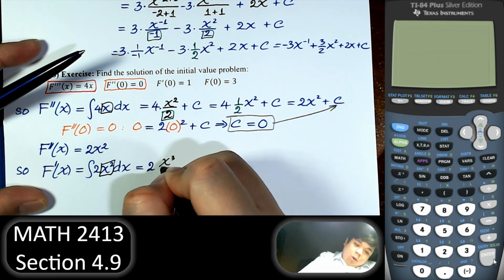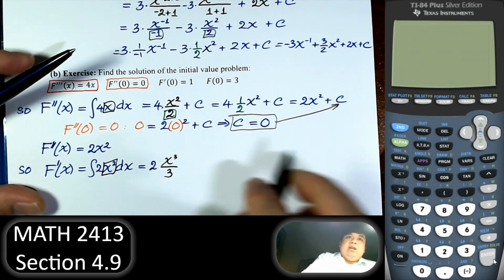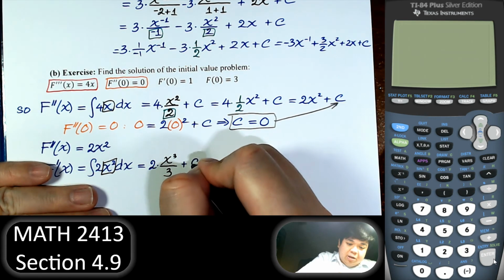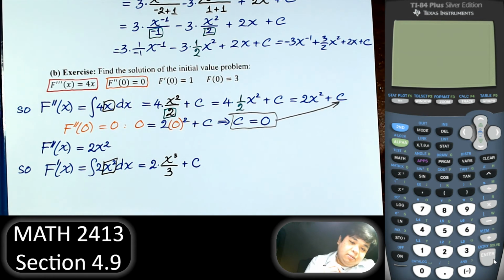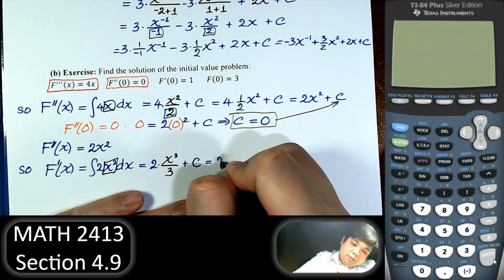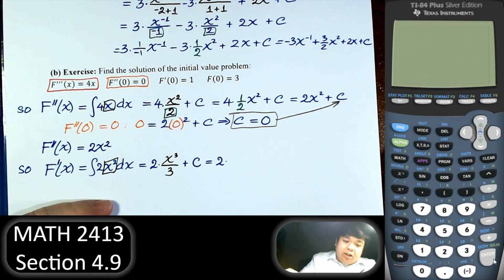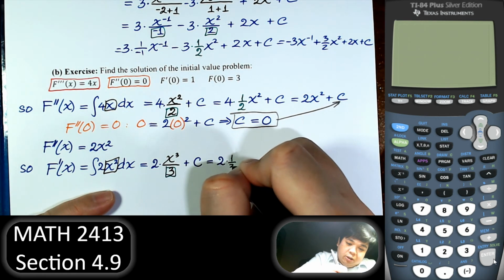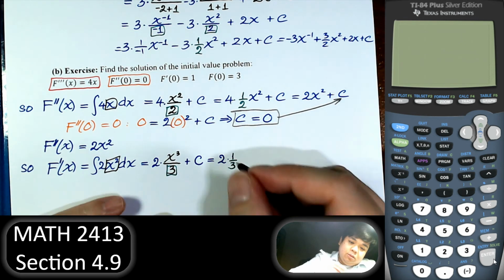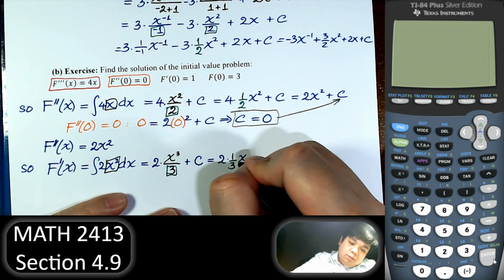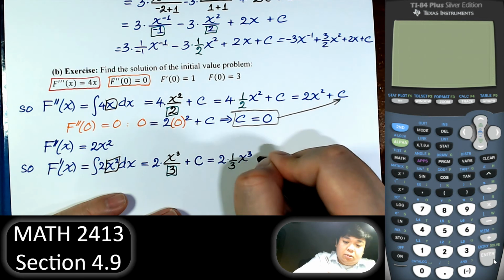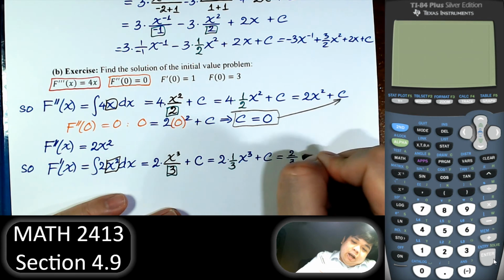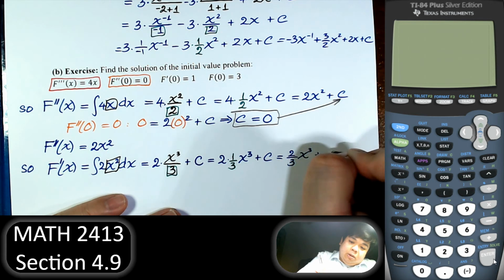Increase the power by 1, divide by the same thing. That is the power rule. Any antiderivative plus the constant c. Right? Divide by 3, multiply by the reciprocal. So that gives us 2 over 3 x cubed plus c.